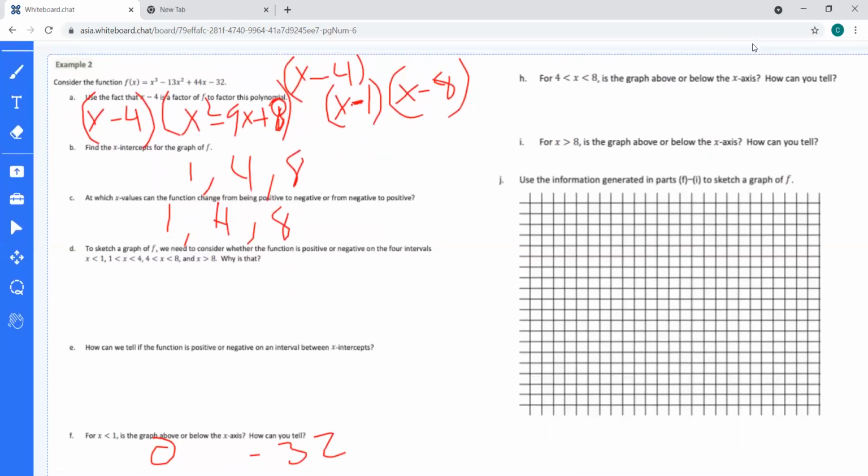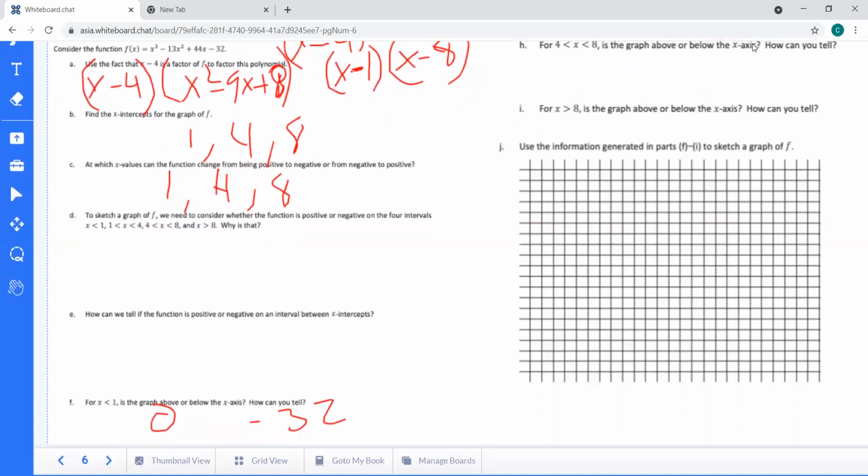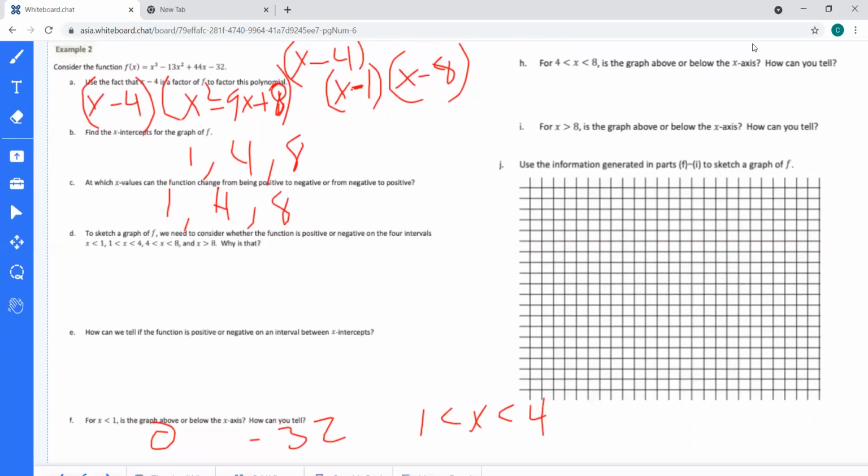All right. If we plug in something between 4 and 8, uh-oh, did I miss one? Yeah, we should have done between 1 and 4. I'm going to plug in a 2. Okay. If I plug in a 2 there, what's that going to be?